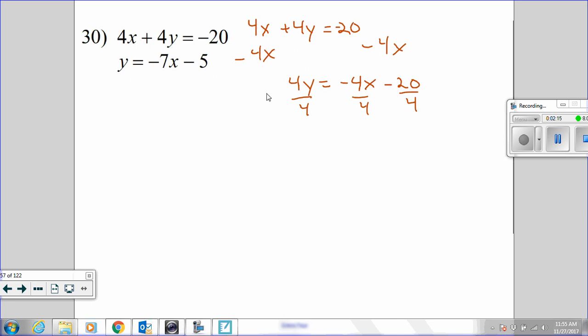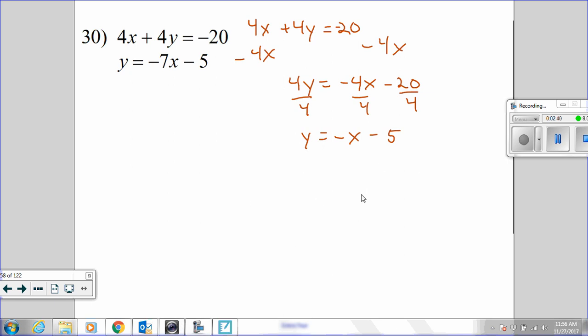Once I do that, I'll have y is equal to negative x minus 5, with my negative 4 divided by 4 being negative 1, and my negative 20 divided by 4 being negative 5. So now I have it in slope-intercept form.